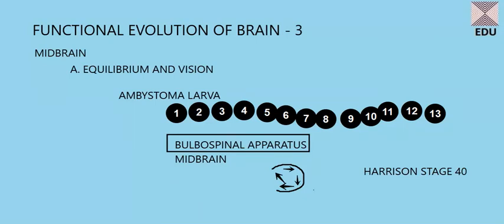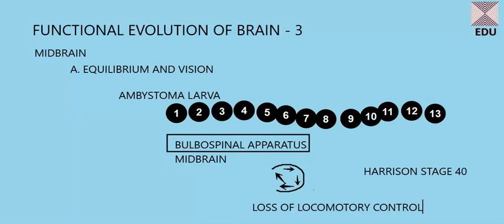So this spiral movement or the circular movement is showing the loss of locomotory control. That simply means that the bulbospinal apparatus has some relation with the locomotion of the larval stage.